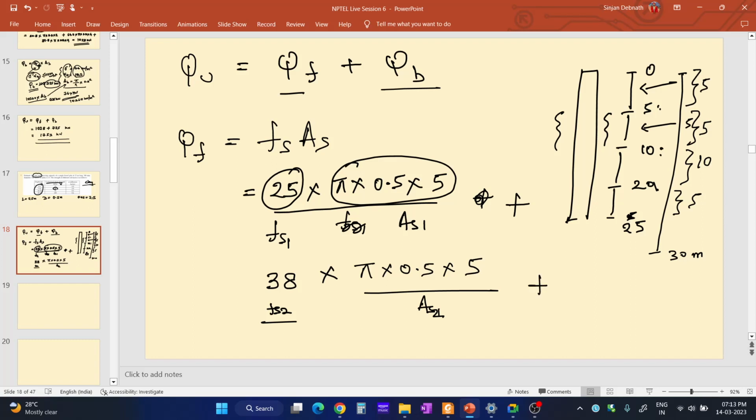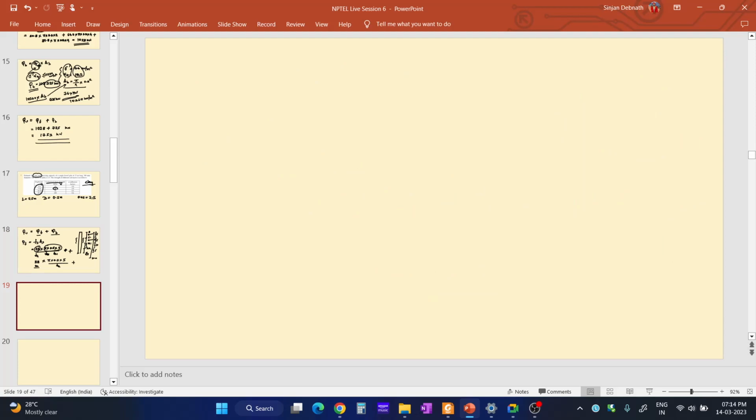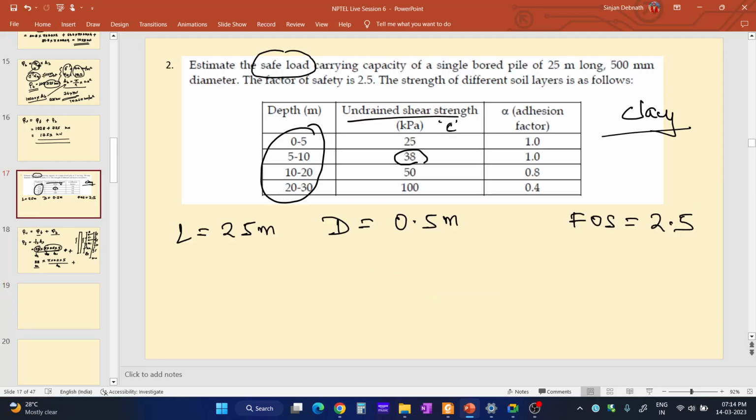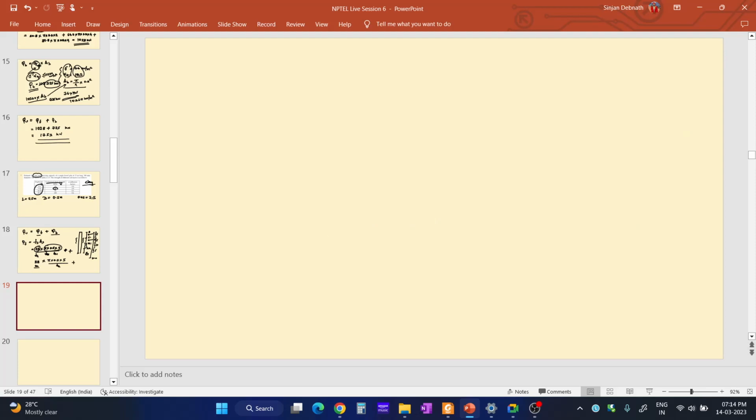Okay, so now we must find out the unit skin friction resistance of this part, and also the surface area of this part from 10 meter to 20 meter depth. The thickness is 10 meter. So Fs3 into As3: Fs3 is alpha into C, where alpha is 0.8 and C is 50.